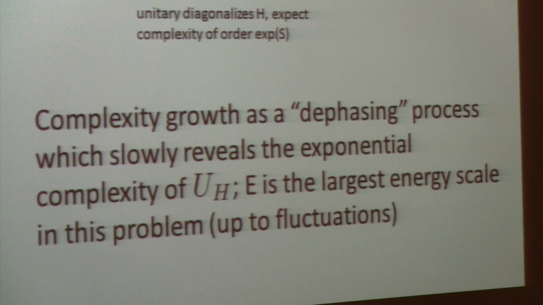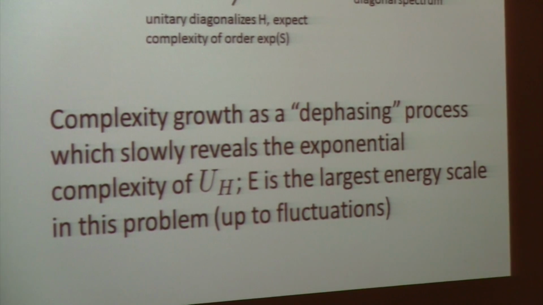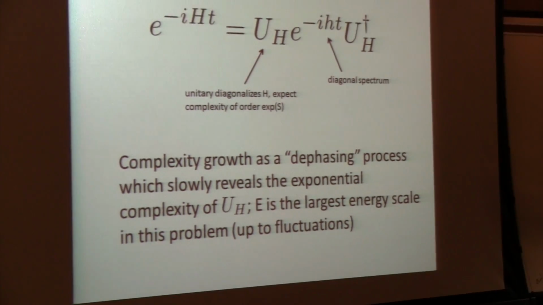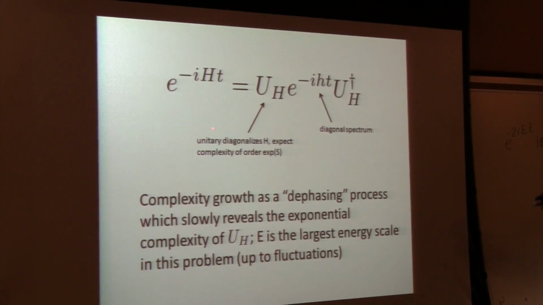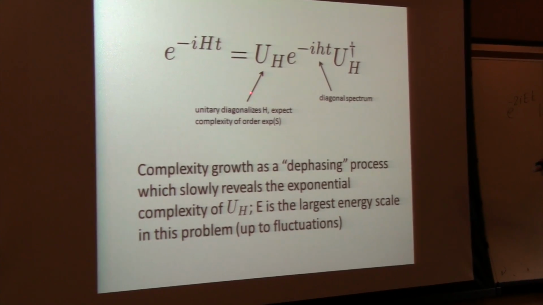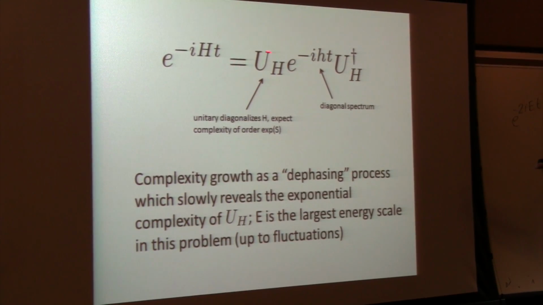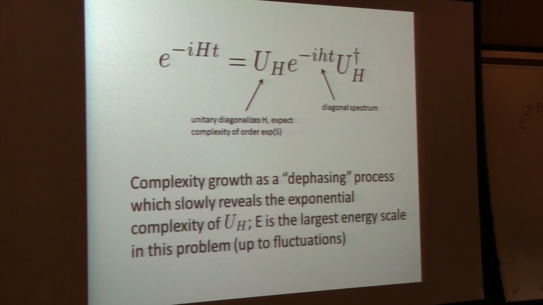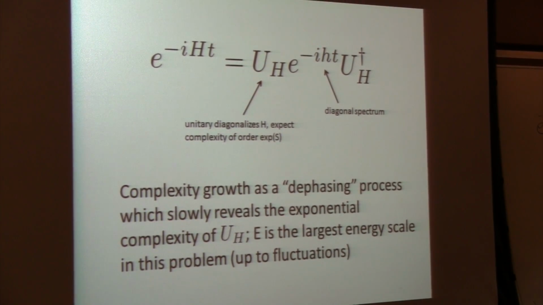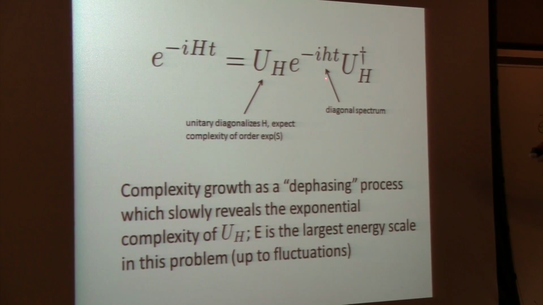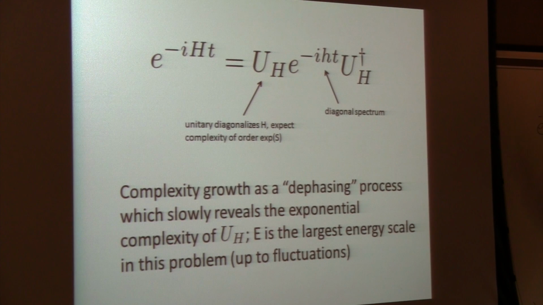So here's my intuition, or a simple intuition for what's going on here. Let's decompose the time evolution operator in terms of some diagonal basis. So here U sub h is a big many-body unitary transformation which diagonalizes the Hamiltonian. Little h is just a list of the spectrum, so it's diagonal in a local basis, and then I reverse the diagonalization procedure here.